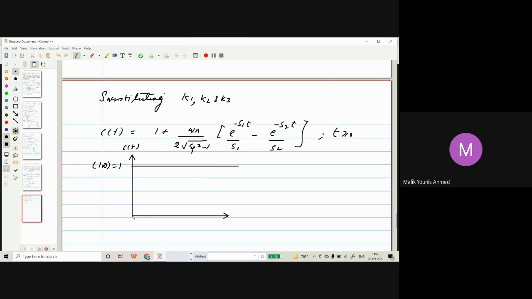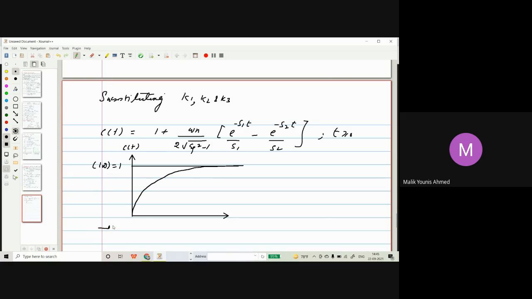Over damped, it will take some time to reach the steady state value.